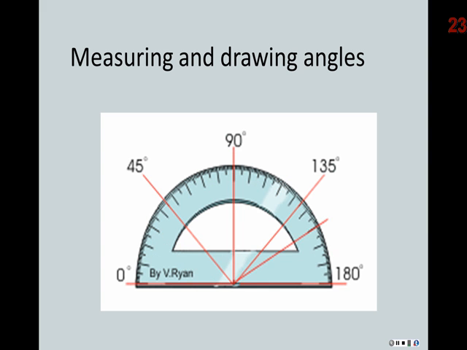Both angles would be 90, okay? But I might have an angle that hits right here. If it's 135 degrees, what kind of angle is that? Obtuse. Okay? And if I have an angle that's 45 degrees, what kind of angle is that? Acute. Okay? And if I have an angle that totals 180, it's a straight line.